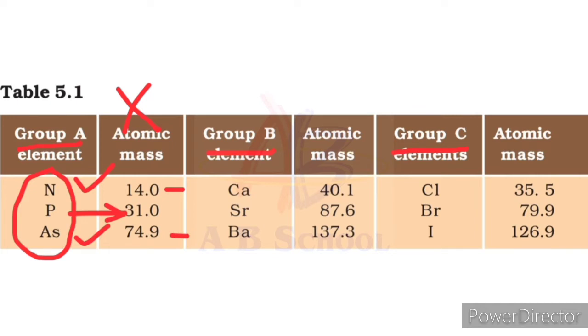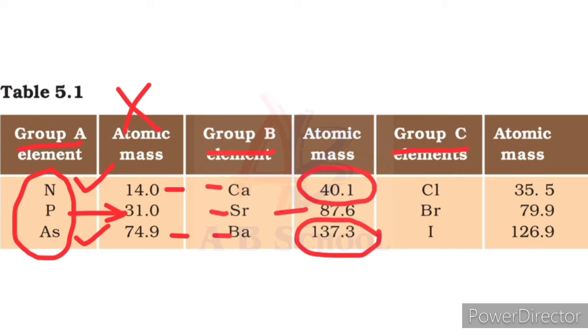Now let us talk about group B. In group B, there are three elements given: calcium, strontium and barium. If this is a Döbereiner triad, then the average mass of calcium and barium would be near to the mass of strontium. For that, the method would be the same.